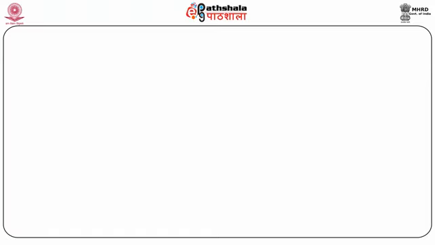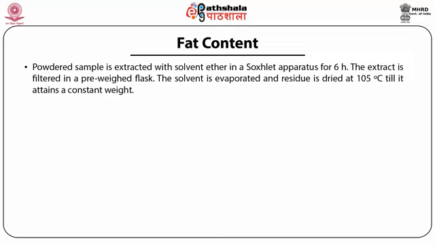Some of the less significant values, which are very specific, are fat content, resin content, and the determination of pH. In the first case, the samples containing wax, fats, and others are extracted with solvents like ether or light petroleum in a Soxhlet apparatus for 6 hours. The extract is filtered into a pre-weighed flask.